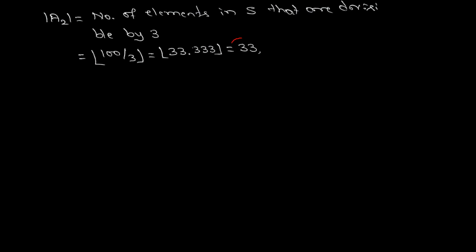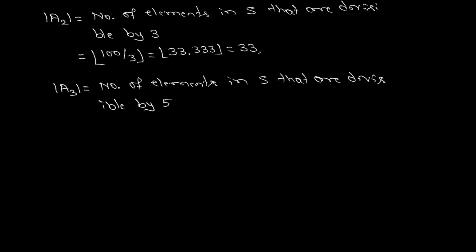So we got cardinality of E2 as 33. Similarly, we find the number of elements in S that are divisible by 5. If it is divisible by 3, we divided 100 by 3.